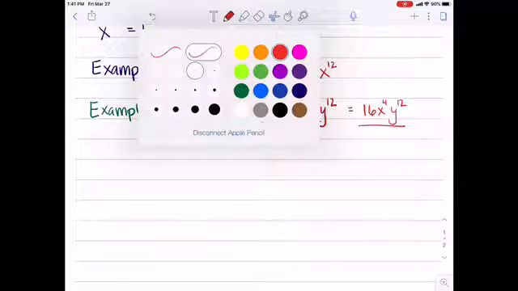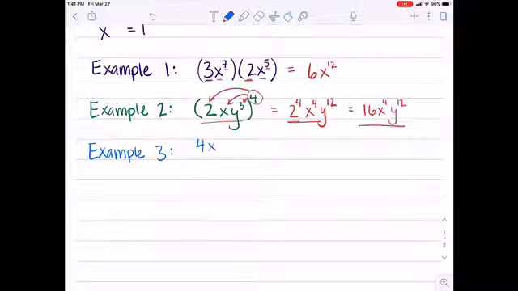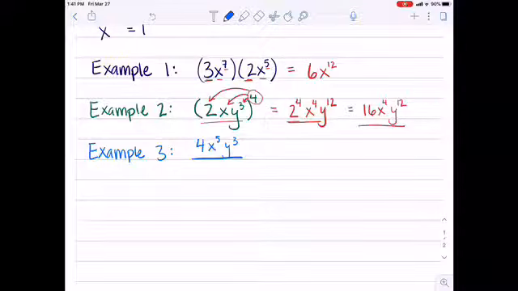For our last example, let's say that I give you a problem that looks like this. Let's say that you have 4x to the 5th, y to the 3rd, over 12x to the 2nd, y to the 8th.